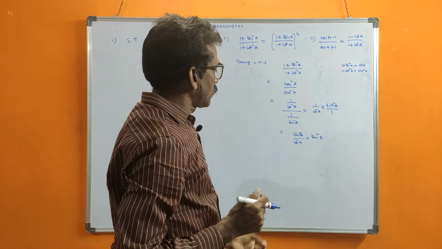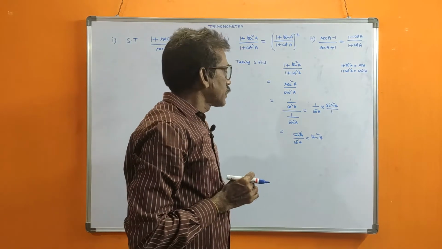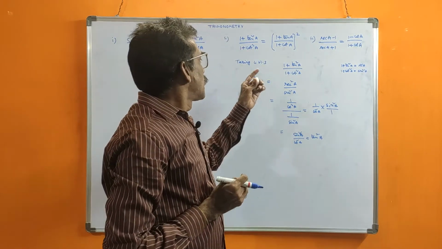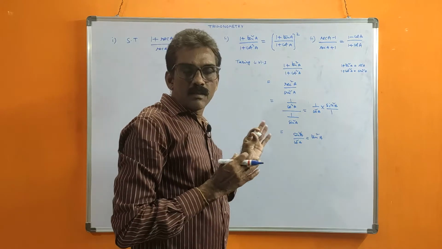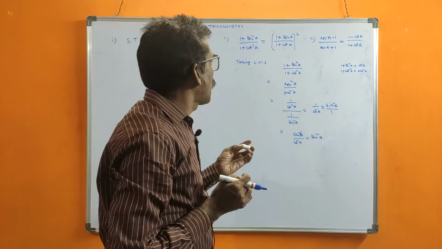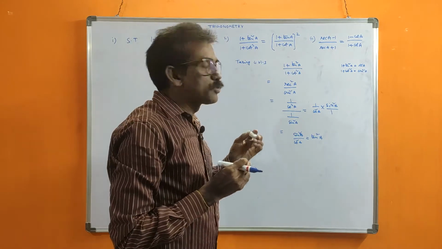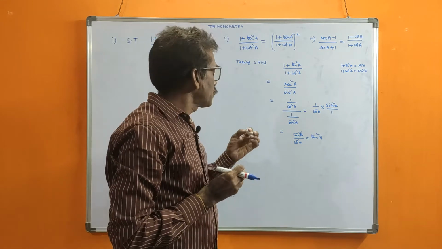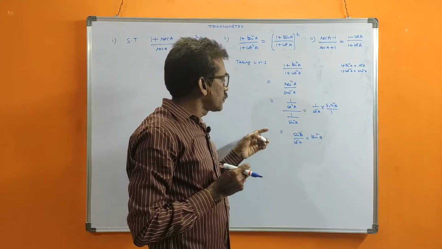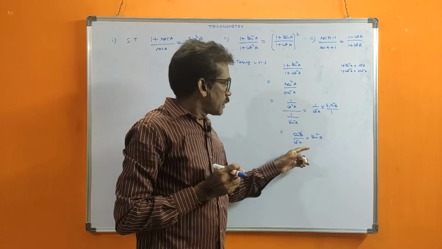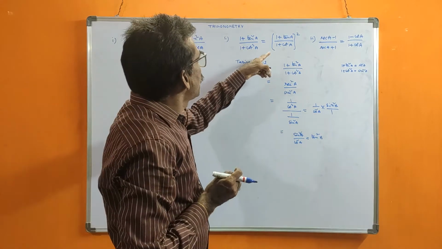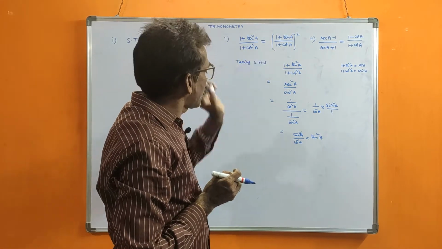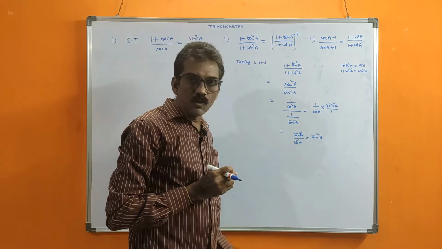Now further simplification is not needed. Sometimes the LHS does not directly give the answer, does not reduce to the RHS. So simplify the LHS as much as possible and leave it off. Then take the RHS also and simplify that. Then both values should be equal.